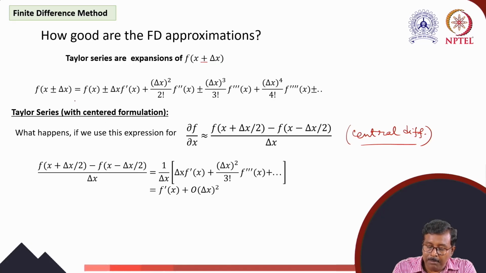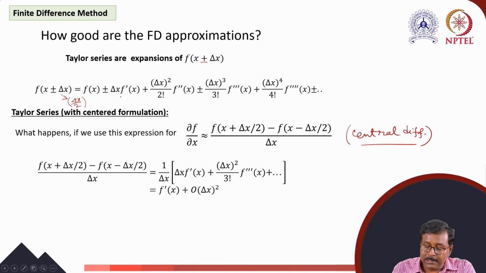If you put the value of delta x by 2 in the above expression instead of delta x, we can get the same thing. If you replace this, it will give you the expansion in terms of delta x by 2. So for f of x plus delta x by 2, and similarly f of x minus delta x by 2, you have to take these two equations and then subtract.